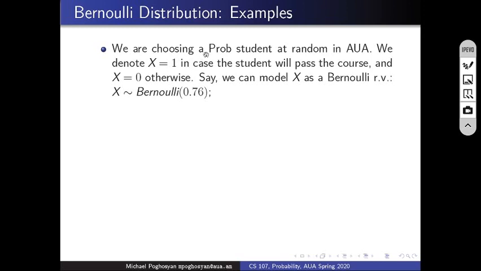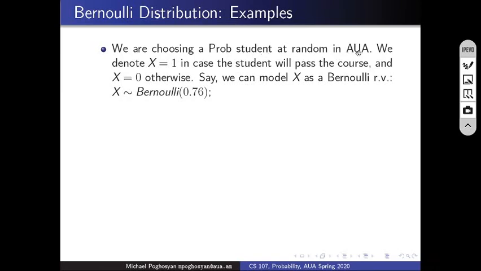Another example is choosing a probability student at random in AUA. This is our experiment: choosing a random probability student in AUA.